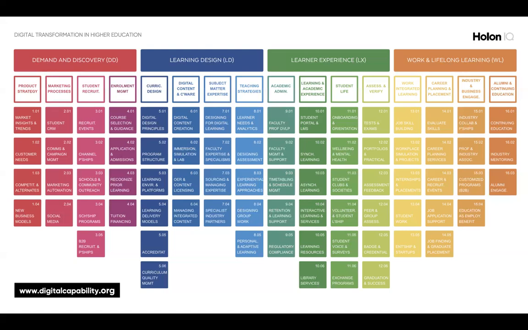Then across into the campus, physical or virtual, looking at the capabilities around academic administration, learning and academic experience, student life, and assessment and verification, and then moving through into a focus on work and lifelong learning. So looking at work integrated learning, career planning and placement, industry and business engagement, and alumni and continuing education.